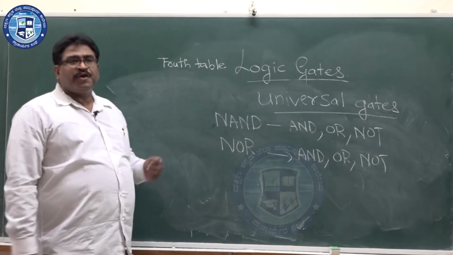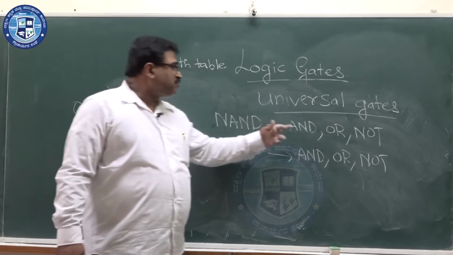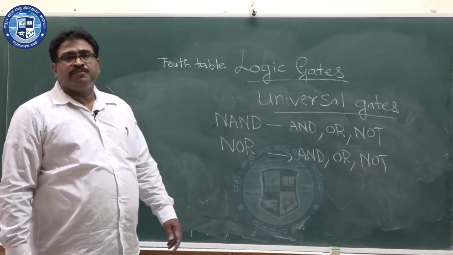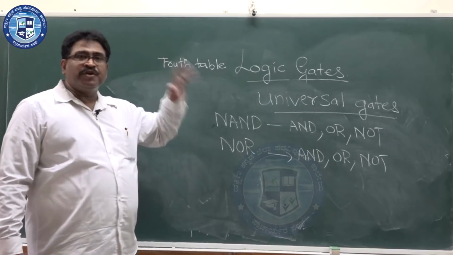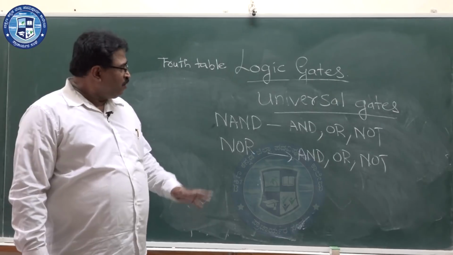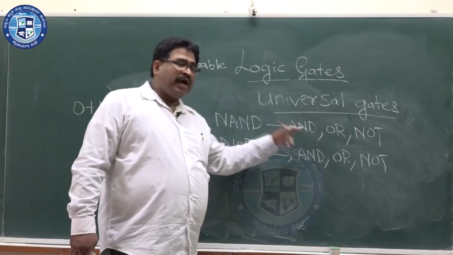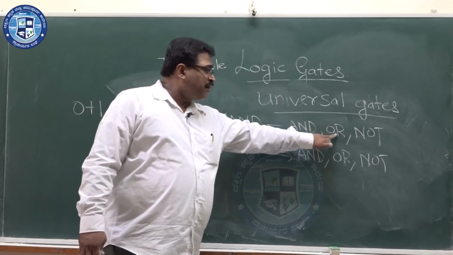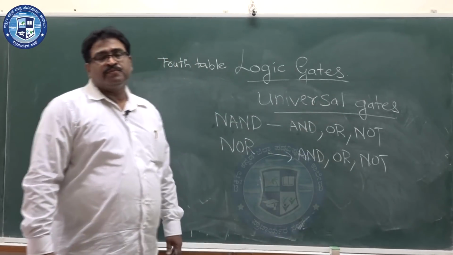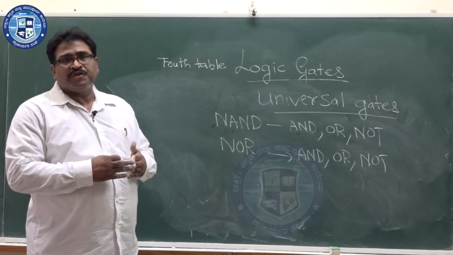It means, for example, you are doing a practical and these 3 gates are not available and you need those 3 gates. What you have is a NAND gate, for example. Can I do my experiment? Yes, because I can make the NAND gate work like AND, I can make the NAND gate work like OR, I can make the NAND gate work like NOT. But obviously, we need some circuits for the same.